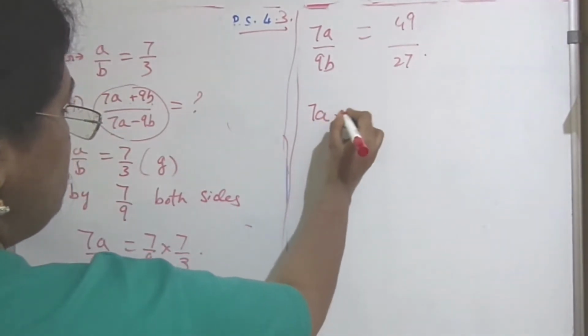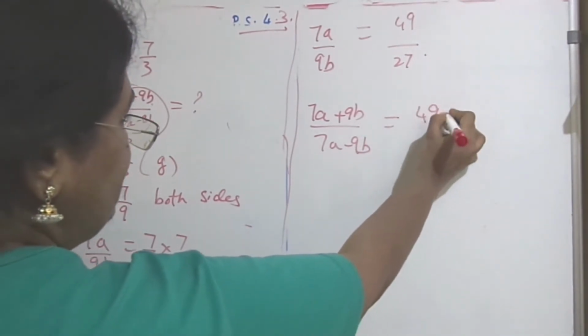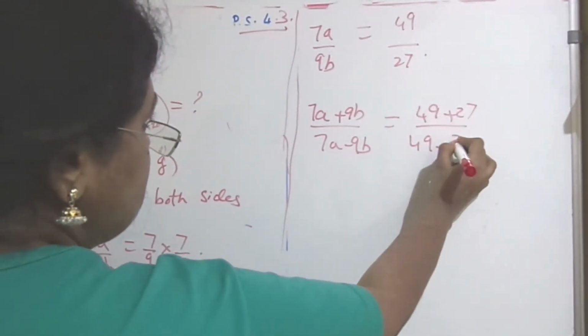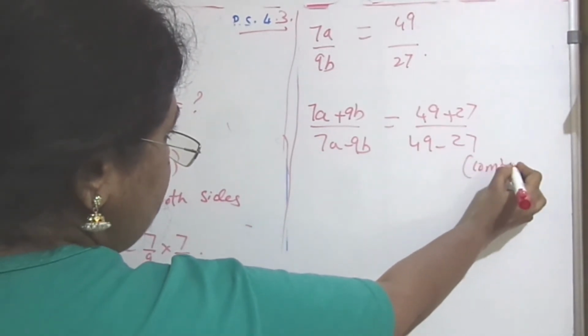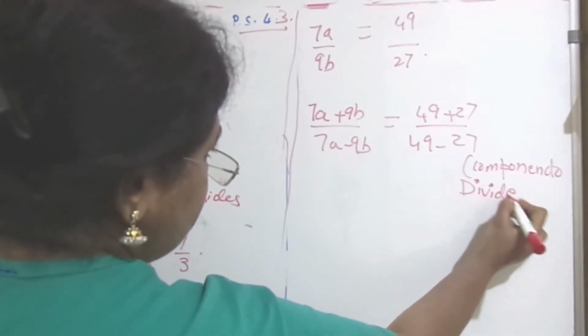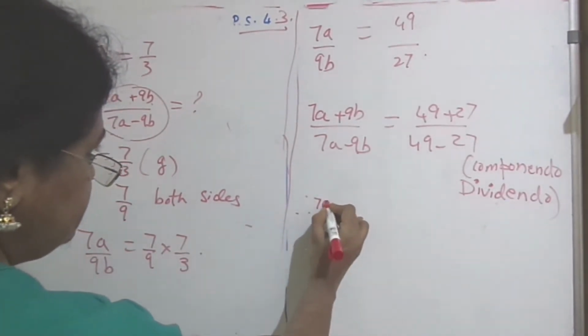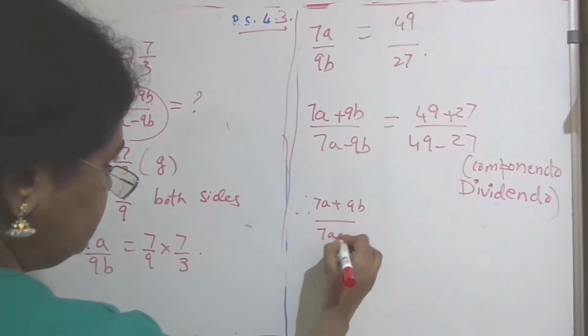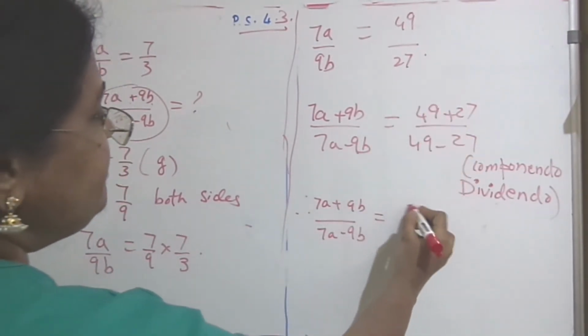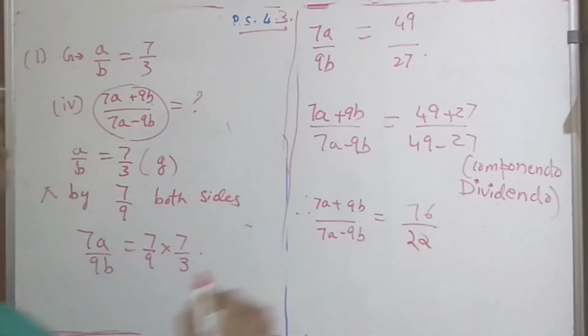Now do the componendo dividendo: 7a plus 9b upon 7a minus 9b, numerator plus denominator upon numerator minus denominator, on both sides. You can write here the property which you are using. How much is 49 plus 27? 76. 49 minus 27? 22.